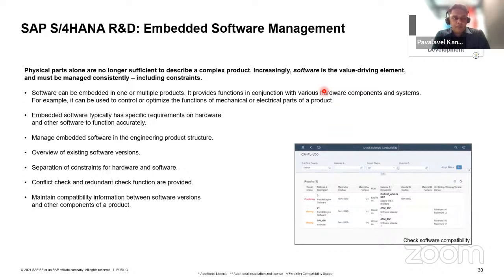For example, if you're a manufacturer who provides software along with your product to manage it, those also can be maintained in embedded software management. You are releasing multiple versions of the software based on product improvements, and those also can be tagged along with the product.